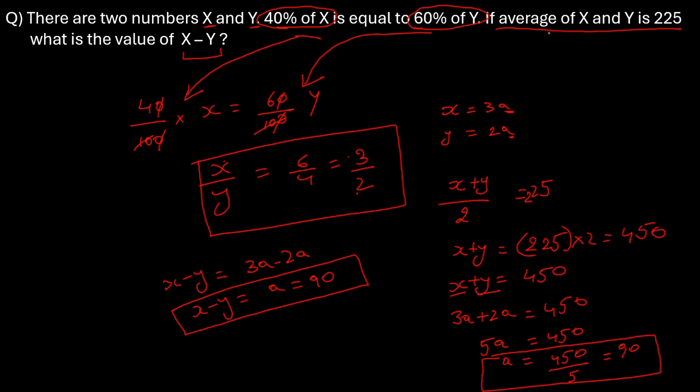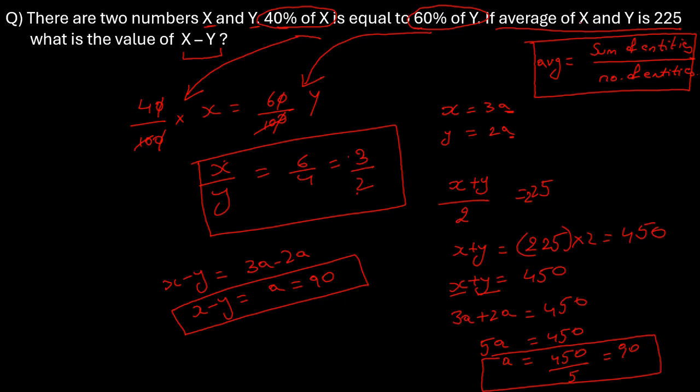And we are also given that the average of x and y is 225. Here I'll write the formula of average. Average equals sum of entities by number of entities. This is the formula of average, guys.